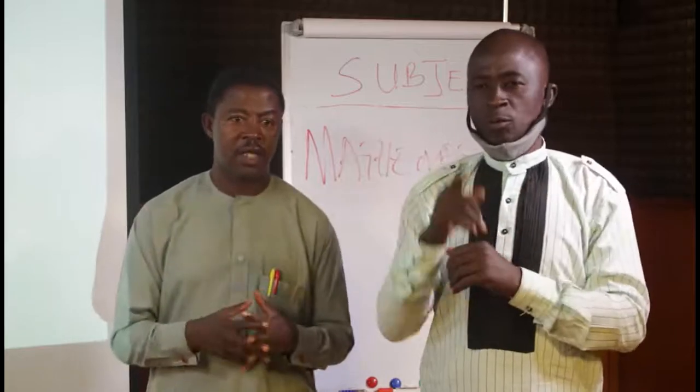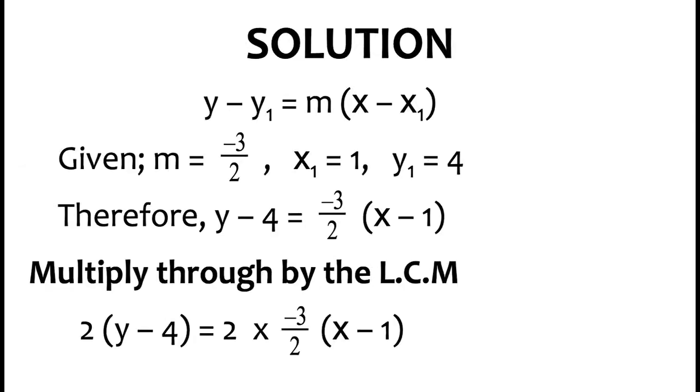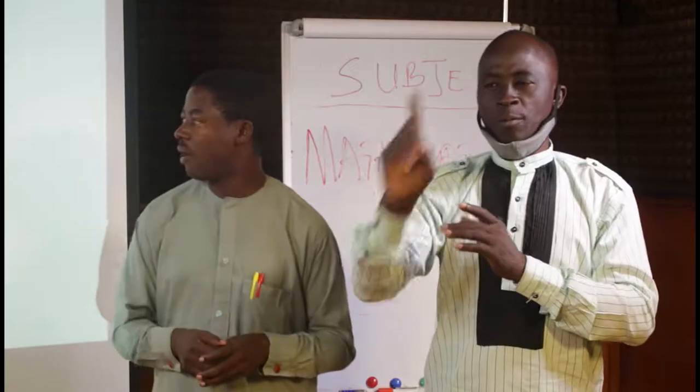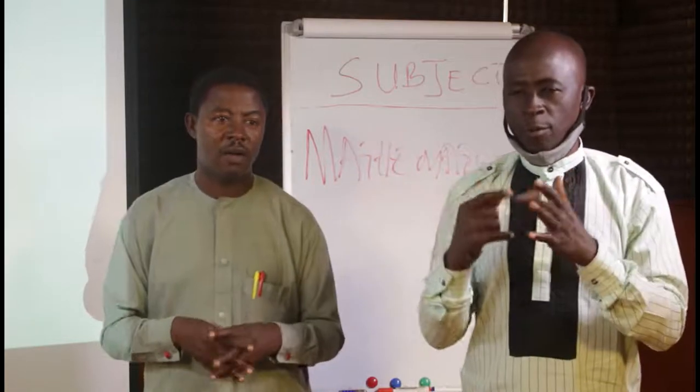So you state the equation, which is y minus y1 equals m into x minus x1. Now we identify our variables.